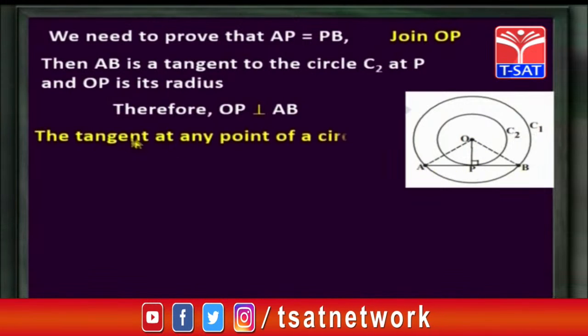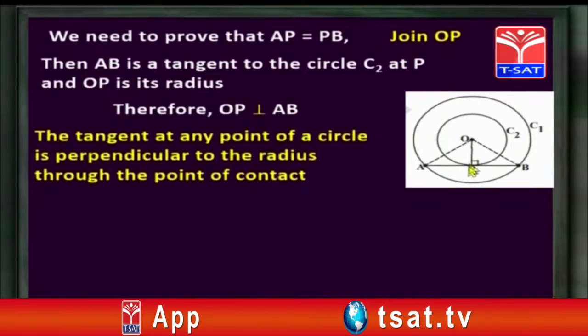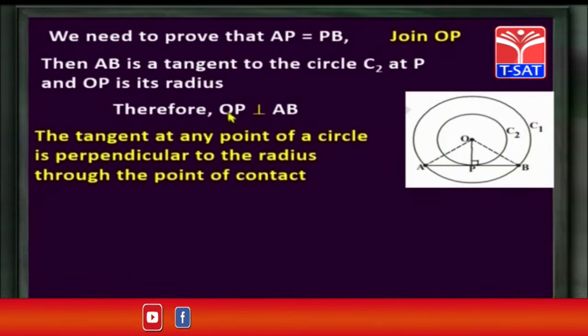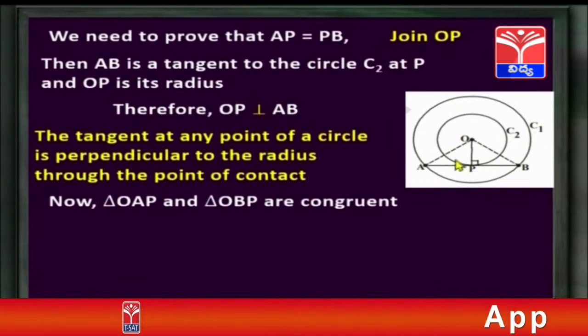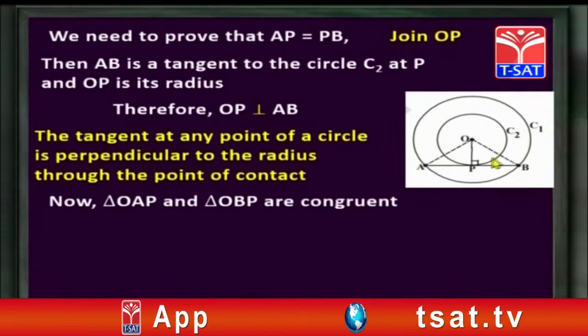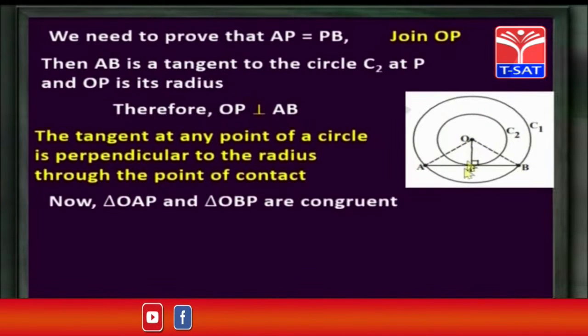We know that the tangent at any point of a circle is perpendicular to the radius through the point of contact. So, the angle at the point of contact is always 90 degrees. So, we can say OP is perpendicular to AB. Now, there are two triangles formed, OAP and OBP, and these two triangles are congruent because OA and OB are radii of the same circle, and OP is the common side.